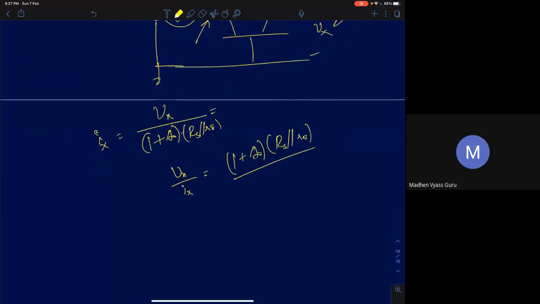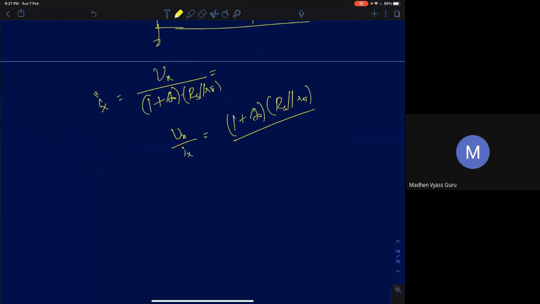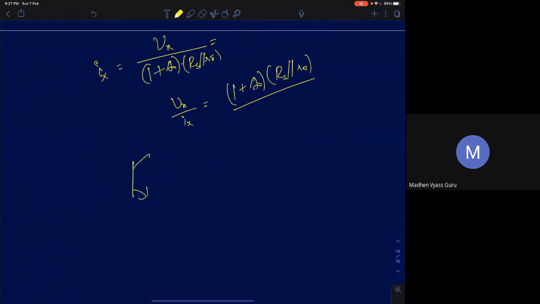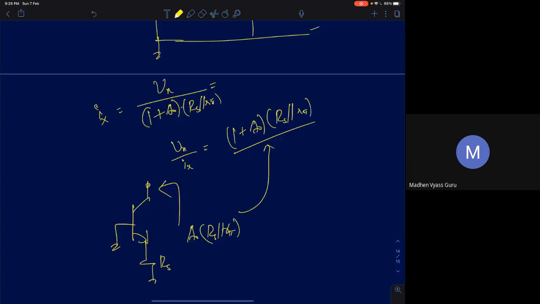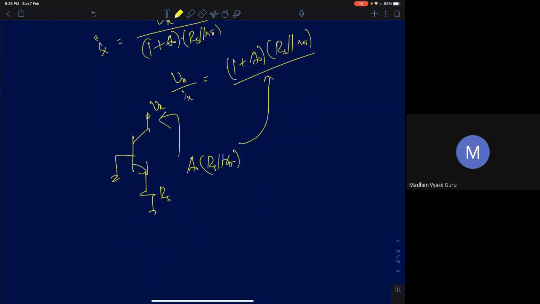So this is the result. We have already derived it for an emitter degenerated resistor: if you degenerate it with Rs, with the base at ground and looking into the collector, we already know the result is close to A naught into Rs parallel R pi. I just derived this result intuitively. If I apply a voltage Vx here, the voltage that appears at the emitter is approximately Vx by A naught, or Vx by 1 plus A naught.